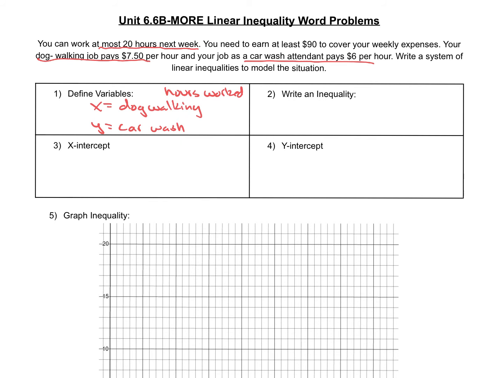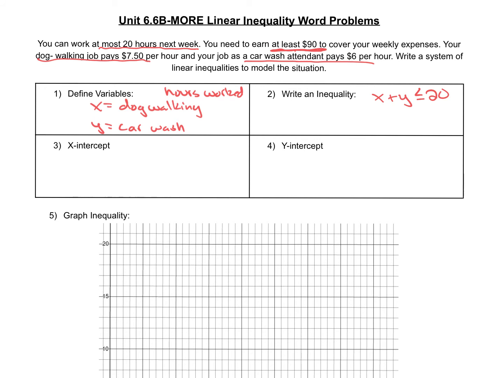So the first inequality could be, well, if I'm working my X hours plus Y hours, I need to be at most 20. So I better be staying at or under 20 hours because we don't want to go more than that. We also need to earn at least $90.